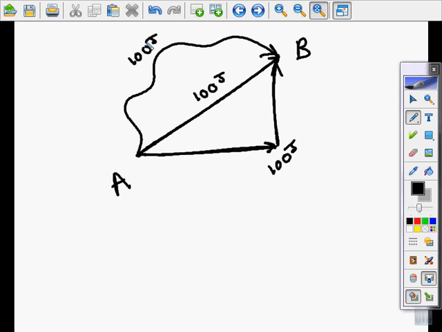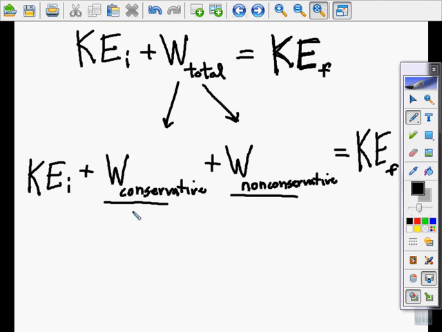If it's conservative work, it does not depend on the path taken between the initial point and the final point. If it's non-conservative work, then the path that you take has a huge effect on how much non-conservative work is done.